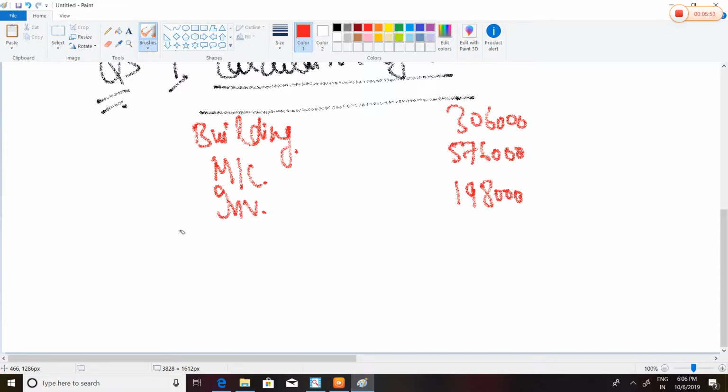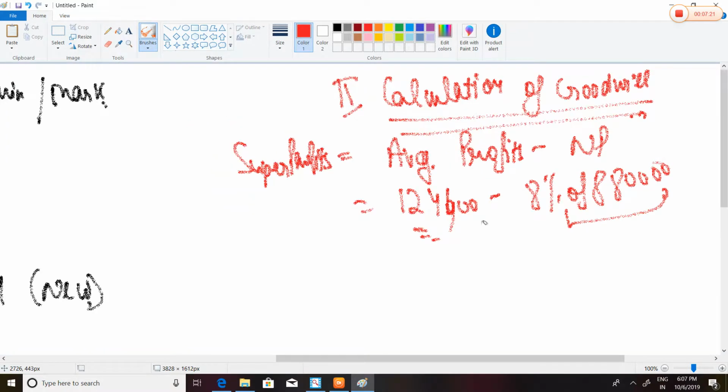Average profits 1,24,400 minus 8% of 8,80,000. This comes out to be 70,400, so super profits are 54,000. Value of goodwill: 4 years purchase, so 54,000 into 4, 2,16,000 is the value of goodwill.